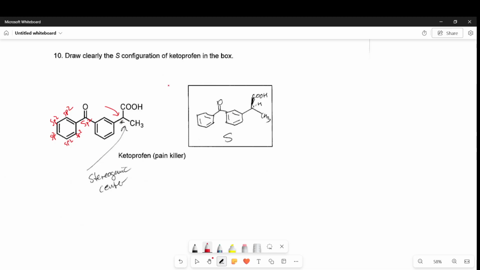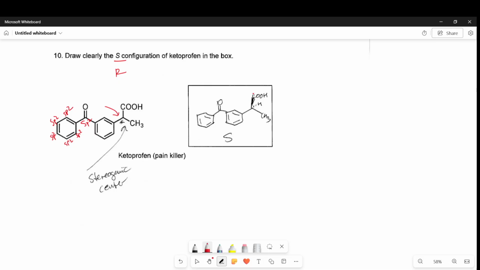So the biologically active ketoprofen is the S configuration. The R is not a painkiller. So it's asking us to fill this box with a structure where we are drawing an S configuration. Here is how I solved it, and this is the S configuration.